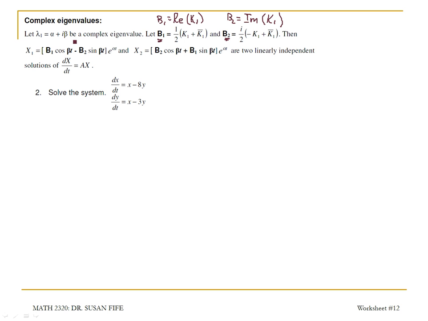You can imagine with imaginary eigenvalues, you end up with sines and cosines. So you have cosine beta t, sine beta t, and the real part, the alpha, gives you the exponential e to the alpha t. But then you've got this real part and this imaginary part multiplied by sines and cosines. For the second solution, that real and imaginary part switch places, and there's also a little negative built in there.